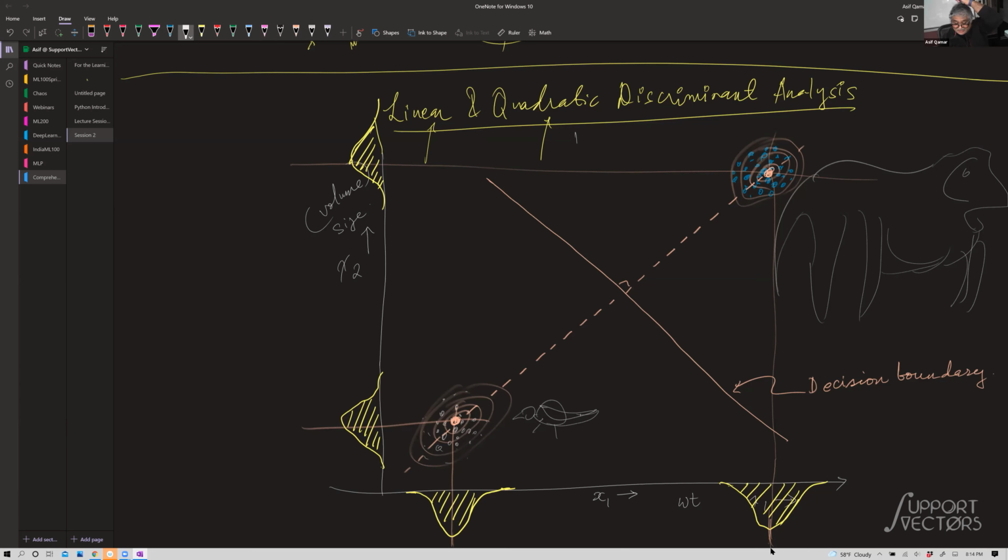But now what I can do, amongst other things, I can say, hey, you know what? Suppose I rotated my coordinate axis. What color should I use for my rotated coordinate axis? I'll try red, right? So imagine a coordinate system, which is literally like this.